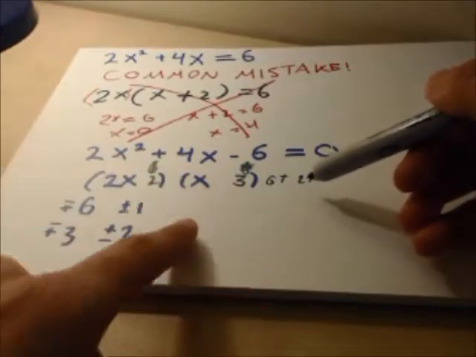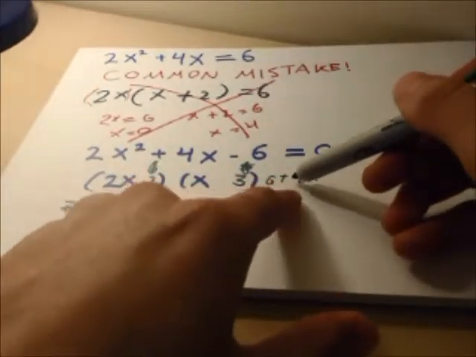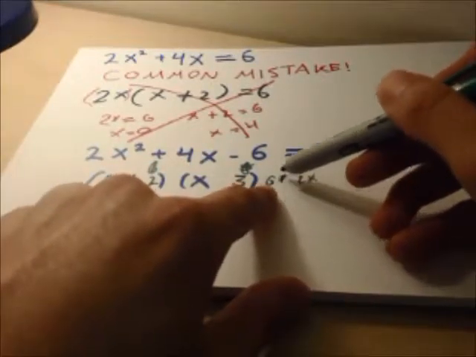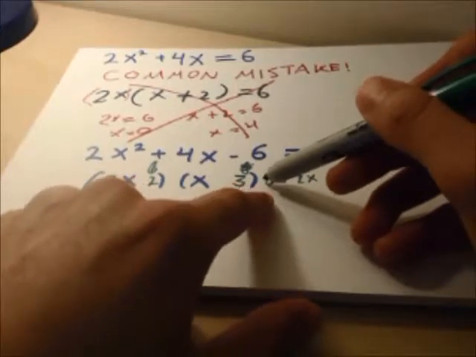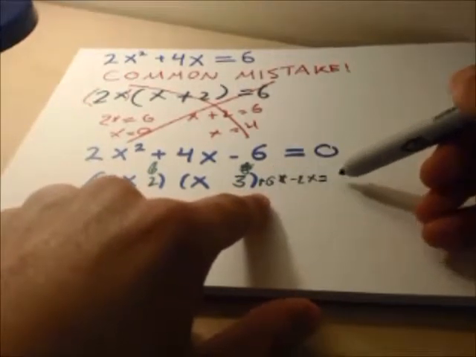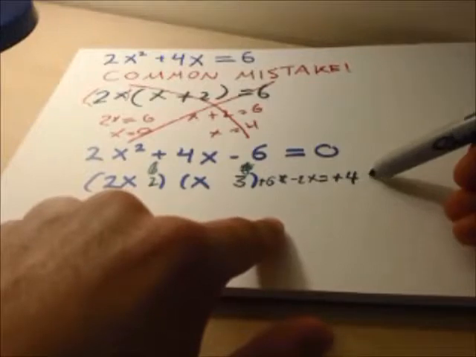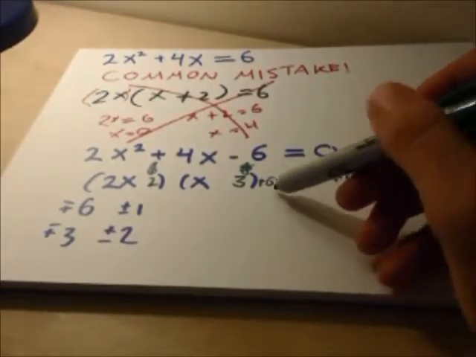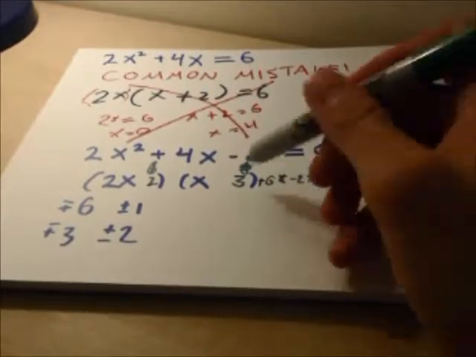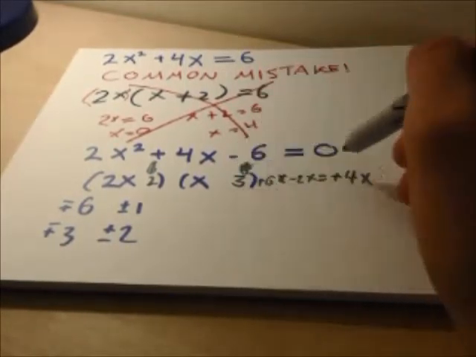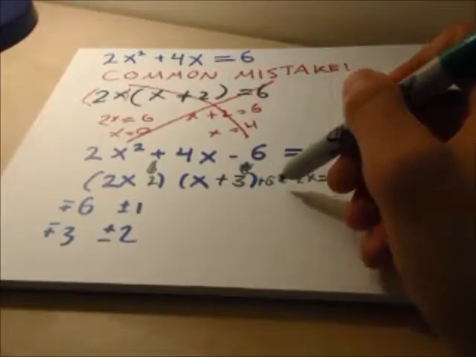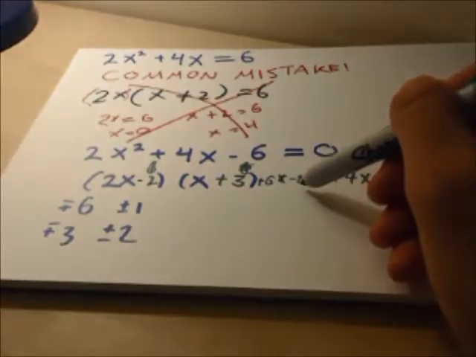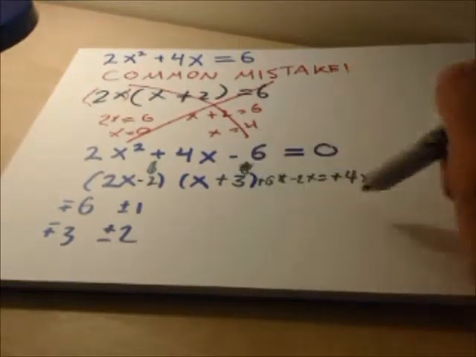And to get plus 4x, that means one of them has to be positive and the other negative, and obviously because it's a plus, the larger of the two has to be positive. So my prediction was actually correct. The 3 would take the positive to produce a positive 6x, and the 2 would get minus to produce minus 2x, as I did here.